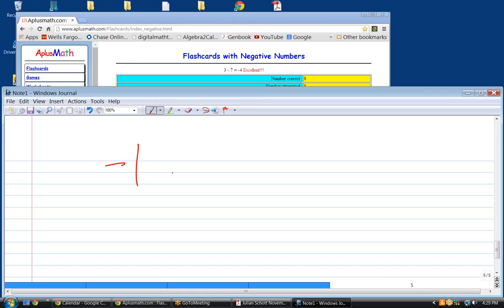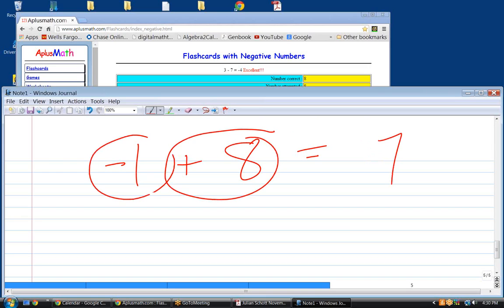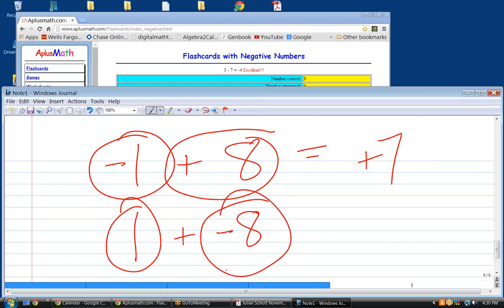When I add a negative number to a positive number, always subtract the two numbers. And then put the sign of the bigger number on the answer. Well, 8's bigger than 1, so it's a plus. Whereas if I had 1 plus a -8, again, I'm adding a positive and a negative number.